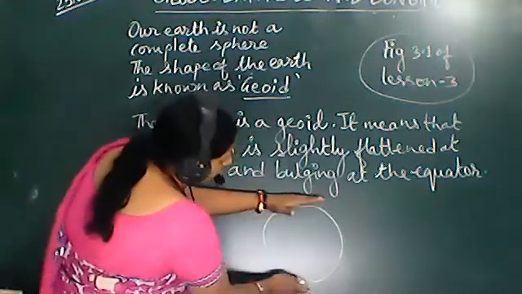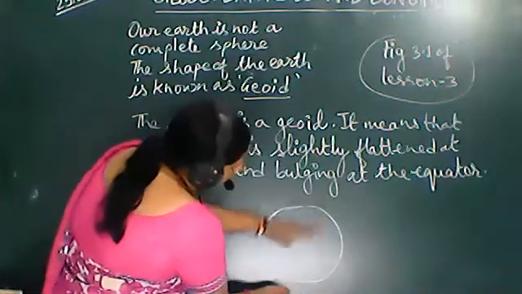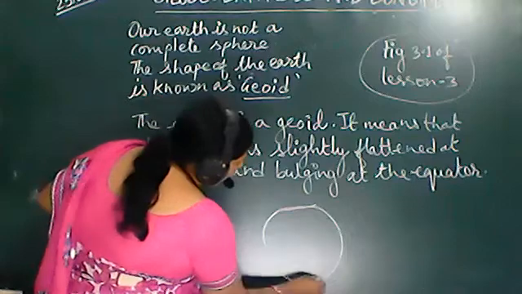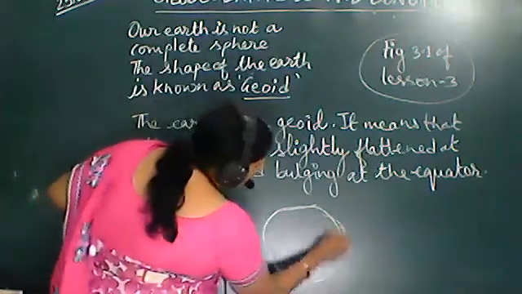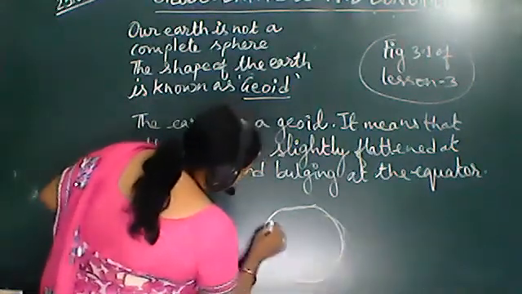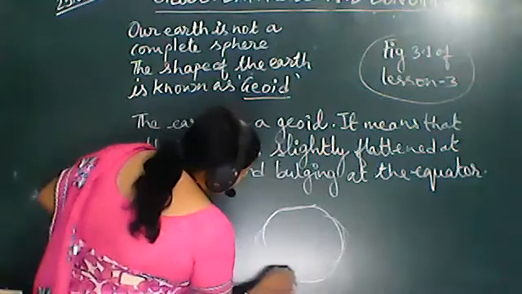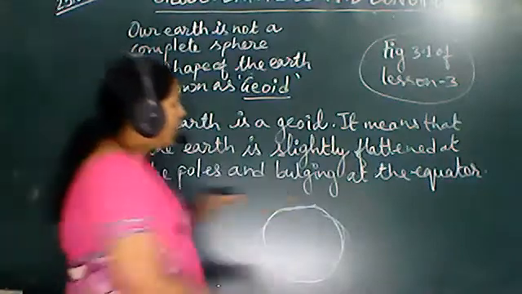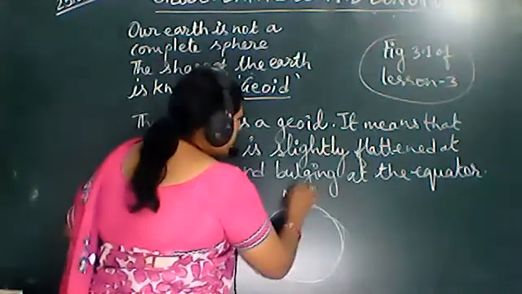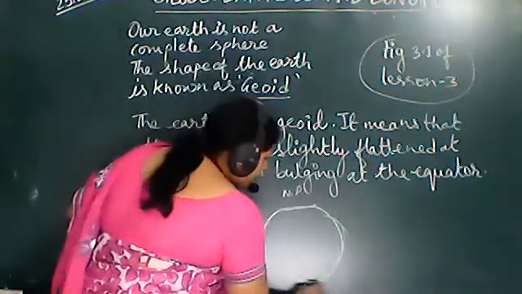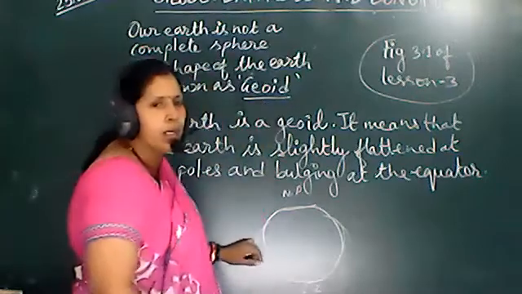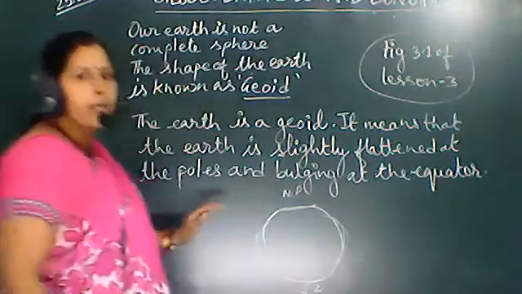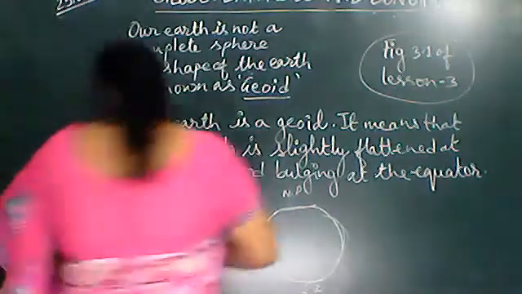What you will see is that as I press the balloon from the top, a flattened shape will come on top and at the bottom, and there is a little bit of bulge at the center. So we can say this is the shape of the earth. It is slightly flattened at the poles. This is the north pole, this is the south pole, and there is a bulge at the equator, the equatorial bulge.